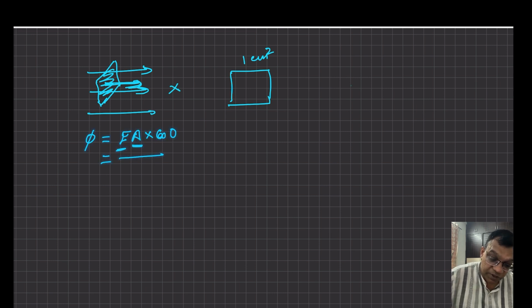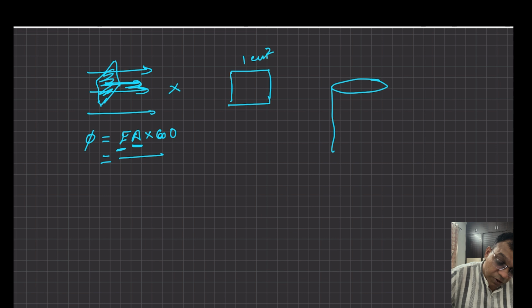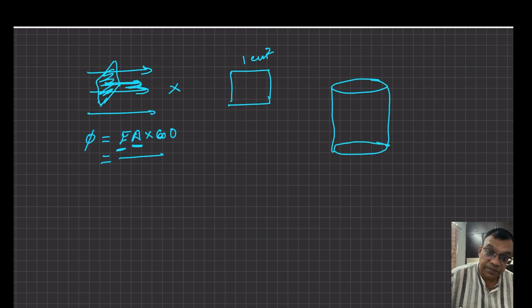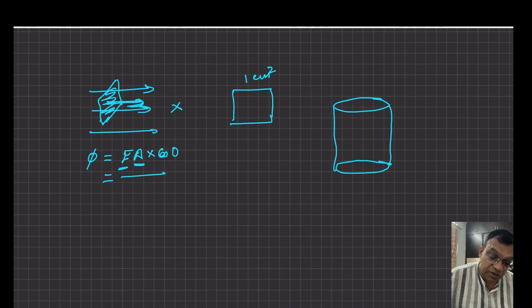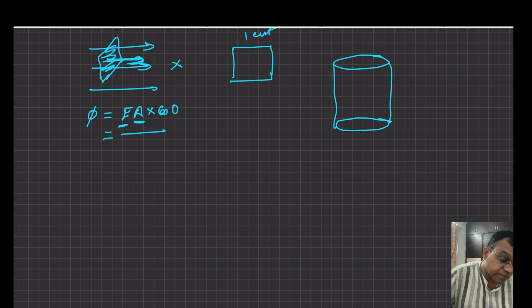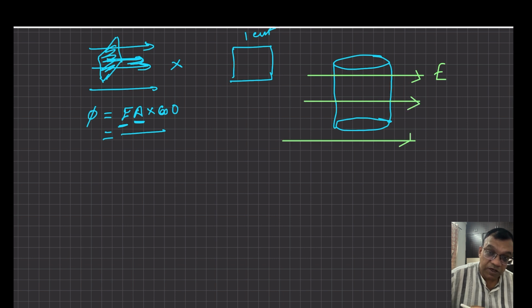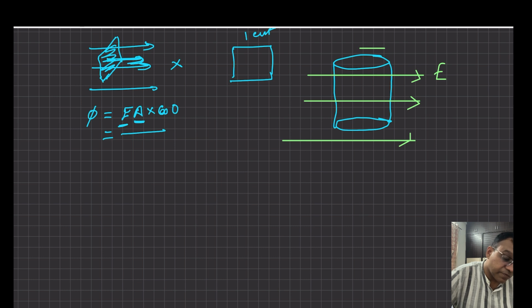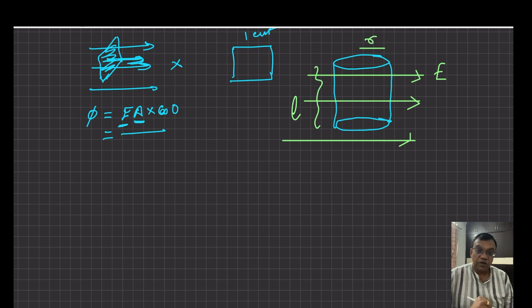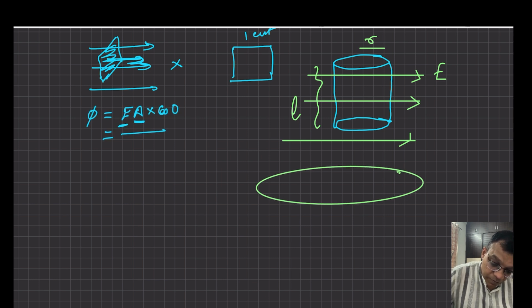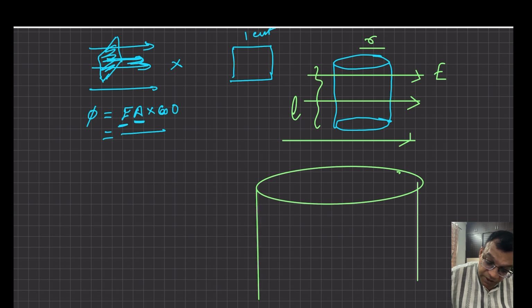But if, for example, you have to find the flux linked with this cylinder, and the electric field is given in this direction, E, and say this radius is R and length is L. Now if I take the left side part, try to understand this situation.